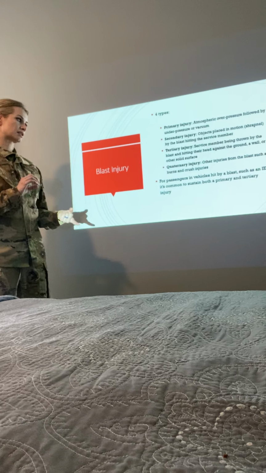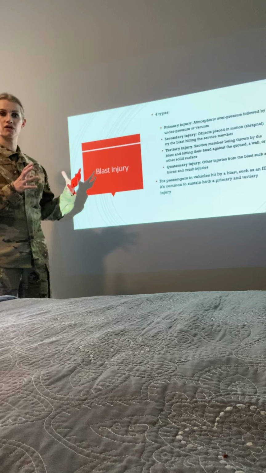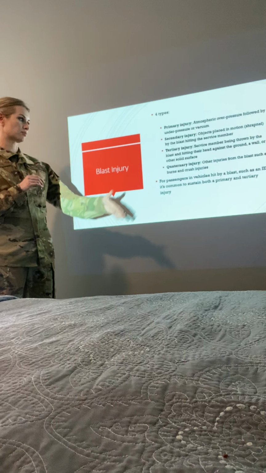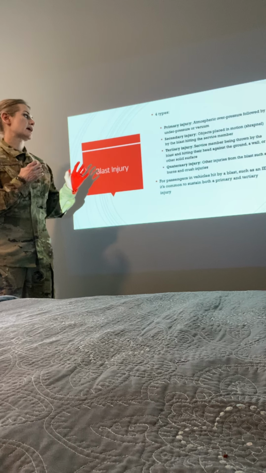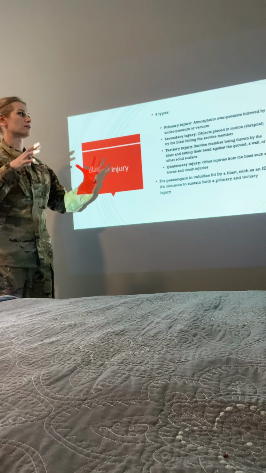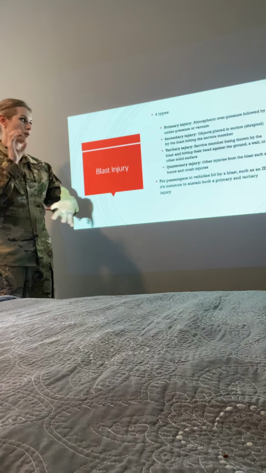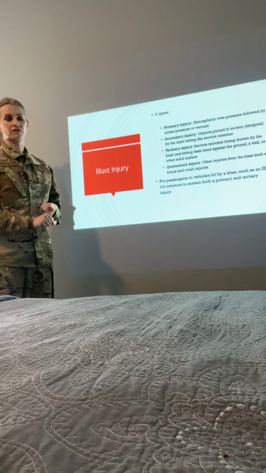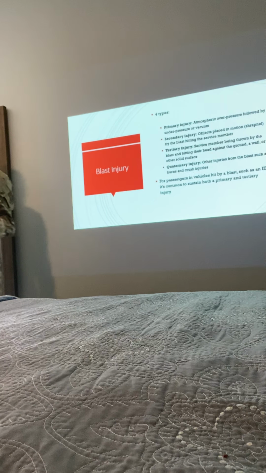So passengers in a vehicle hit by an IED commonly sustain both a primary and a tertiary injury because you're in an enclosed space and you're also getting stuff thrown at you. So they tend to have head injuries a lot of times, and other traumatic injuries that go along with it.